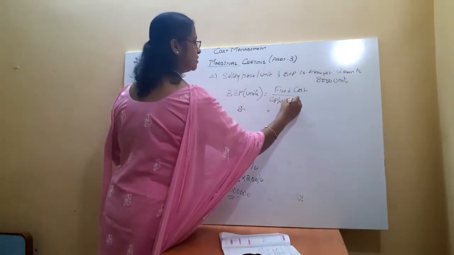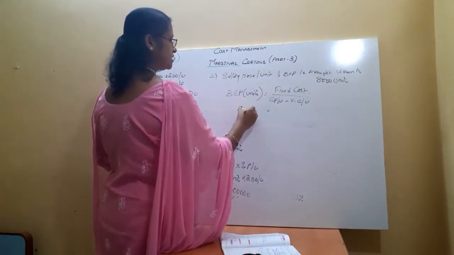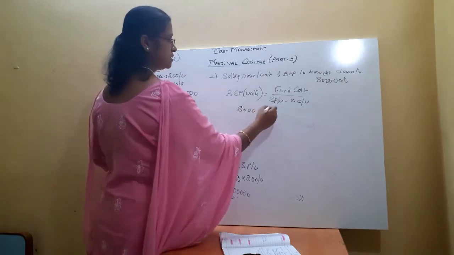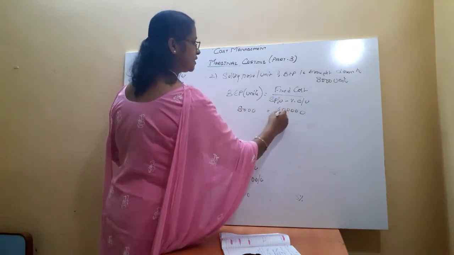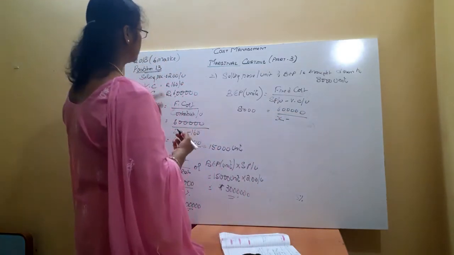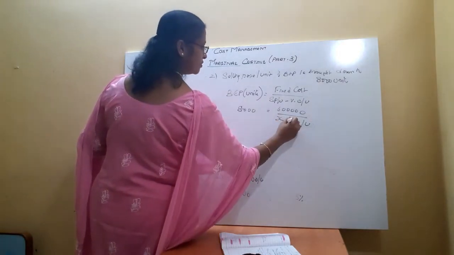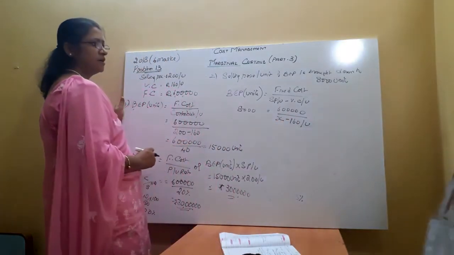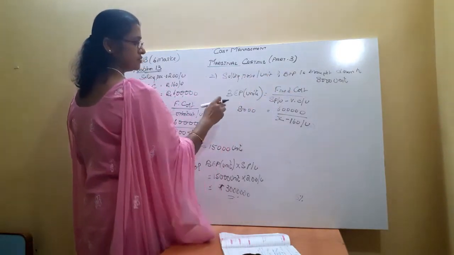Selling price per unit minus variable cost per unit. So BEP units given to us is 8,000 units. Fixed cost is 6 lakhs divided by selling price we have to calculate, minus the variable cost, 160 per unit.